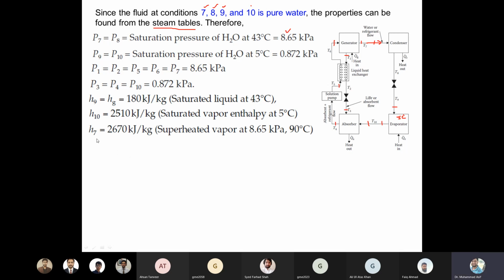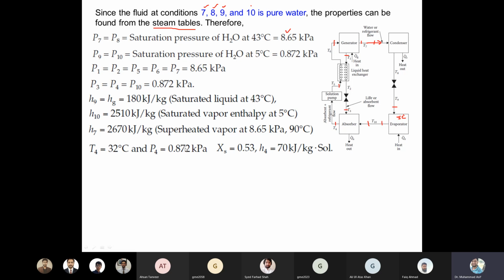Similarly, at point 7, this one, this is normally the superheated state. The vapors are superheated vapor, and since we know the pressure and the temperature, we can read the enthalpy from that graph that I just showed you. Similarly, for the absorber, we know the temperature and pressure, so first we can read X, and then we can read enthalpy.